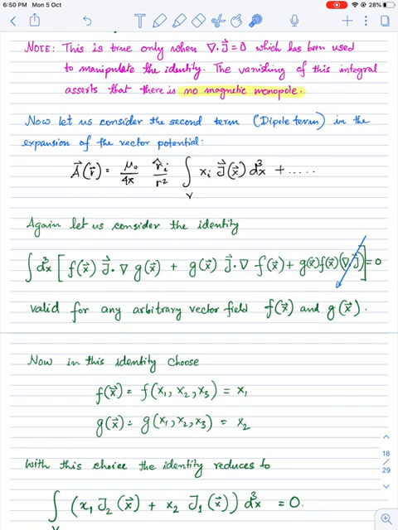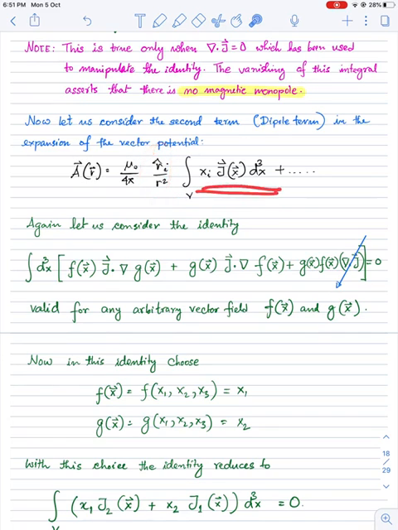Again, going back to the same identity that we used in the previous case, the second term has this form, as I wrote down here. There's an x_i, and this i index is contracted with r. So this is basically r hat dot x vector. Then there's the current density and the integration over x vector.